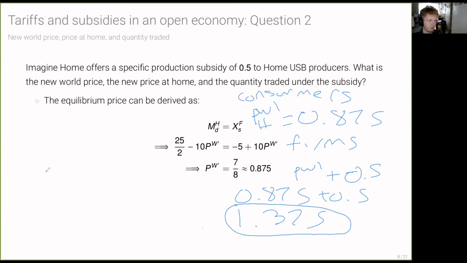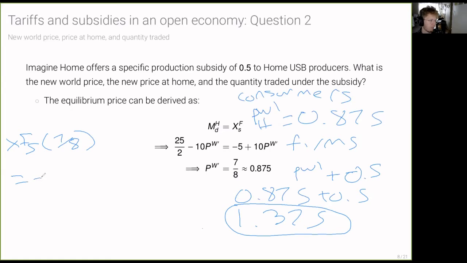Then finally, what we want to do is figure out the quantity traded under the subsidy. Both foreign export supply and home import demand are written in terms of the new world price, not the price faced by producers. So I can just take foreign export supply and plug in the new world price, 7 over 8.